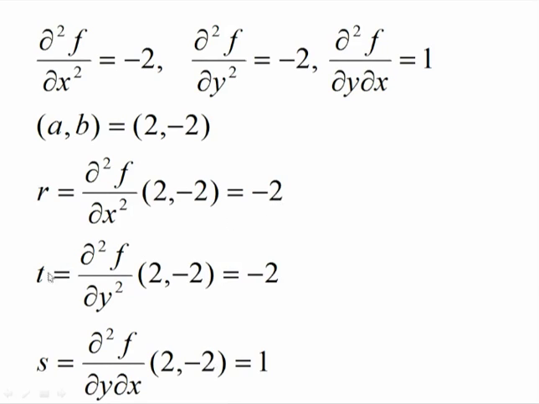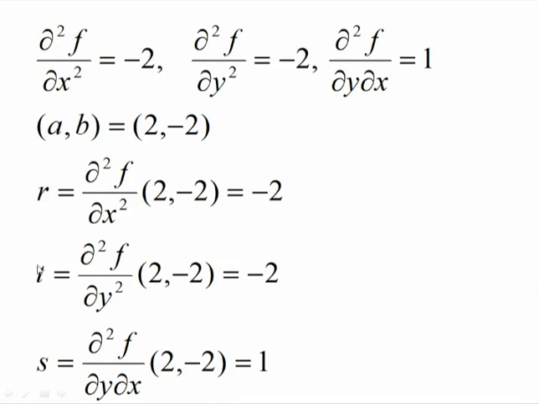Similarly, we find t, which is the second order partial derivative with respect to y. So del square f by del y square at the point minus 2, minus 2 is equal to minus 2. And s is equal to del square f by del y del x, which at the point minus 2, minus 2 is 1.